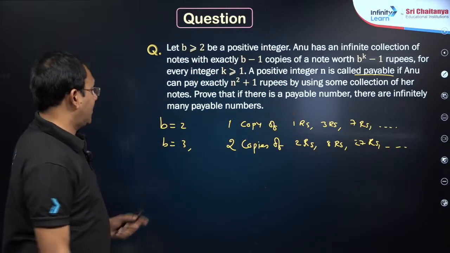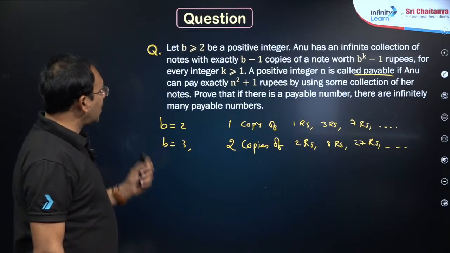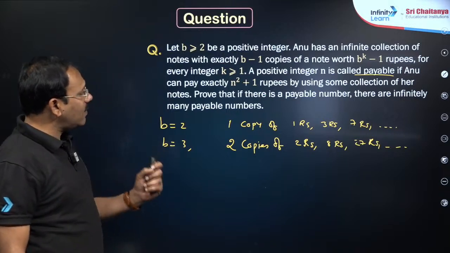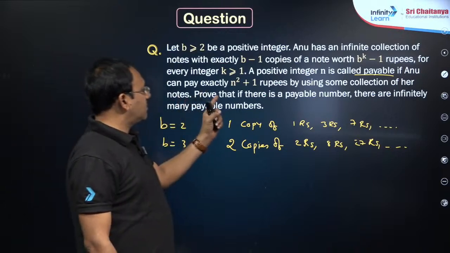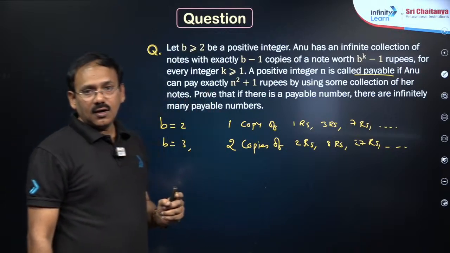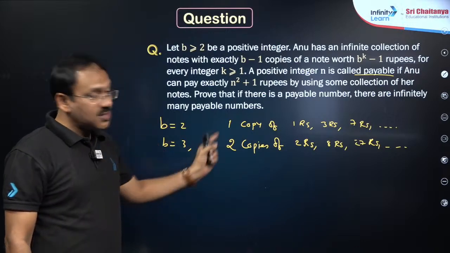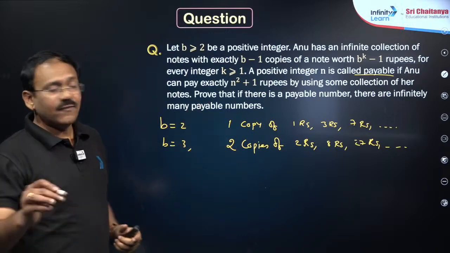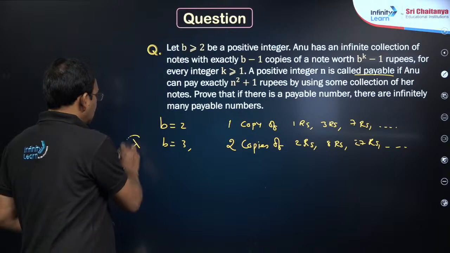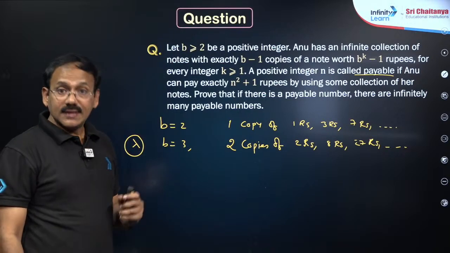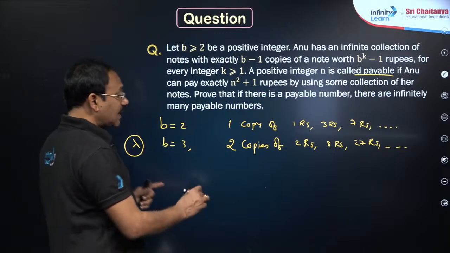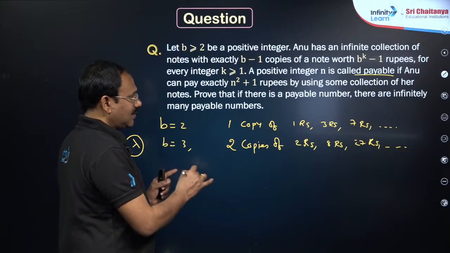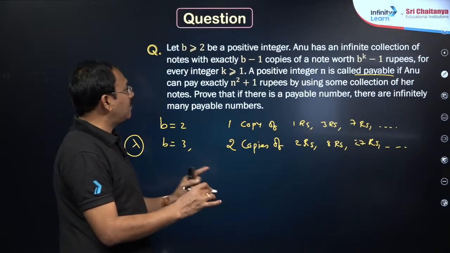Okay. Right, my dear friends. In this case, he is asking us, when can we call a particular number n payable? The denomination sum should be like n square plus 1. Friends, suppose lambda is a payable number. That means there must exist a sum of denominations for some k.